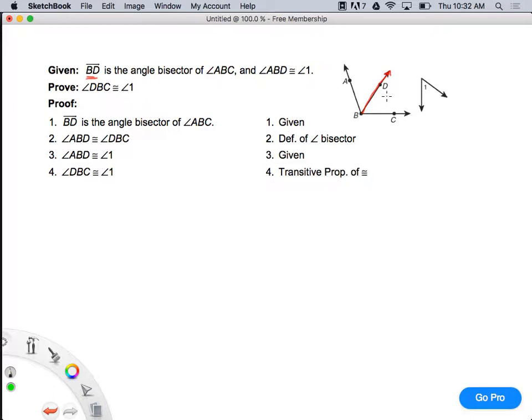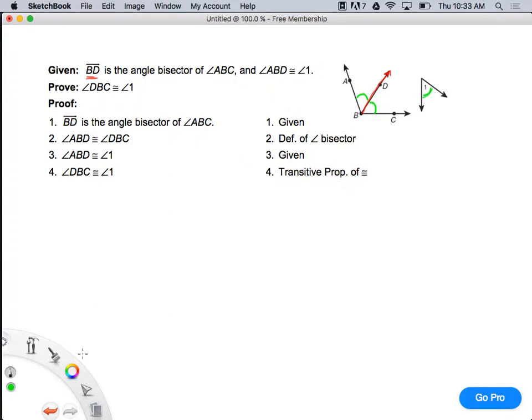Reese. Yeah. So this angle is congruent to this angle. Now, angle ABD is congruent to angle 1. So ABD, you see this, is congruent to this angle. That's both given.